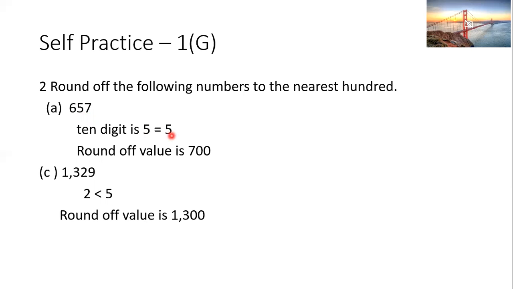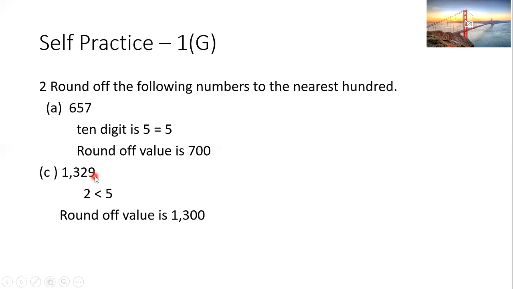So you have to go to the greater number. You put the value 0 in 1's place and another 0 in 10's place, and next you add 1 to the 100 place. 6 plus 1 is 7. What is the rounded value? 700.